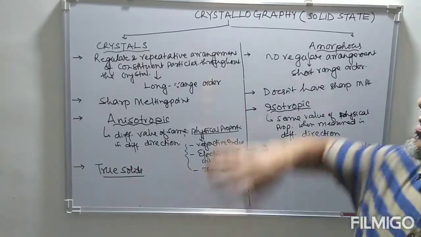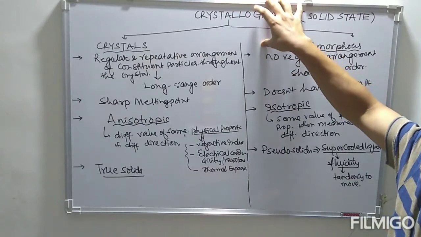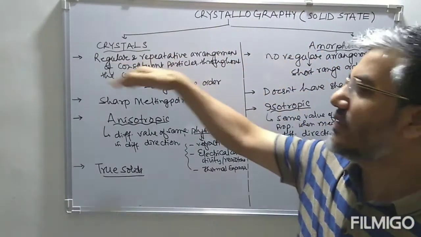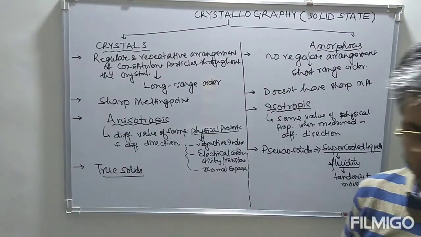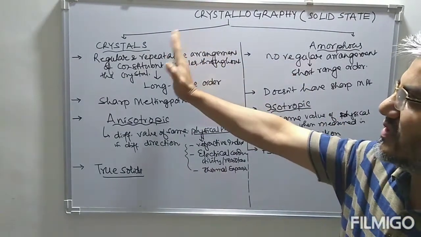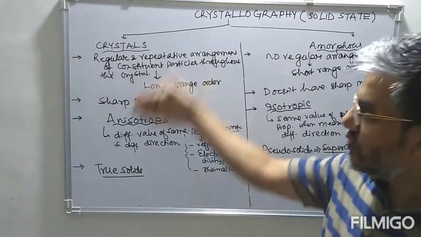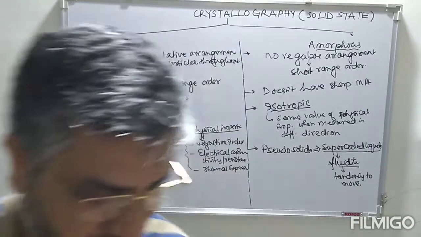Now the chapter says this is crystallography. So basically we will be dealing with the crystalline compounds. So after having this basic difference between crystalline compounds and the amorphous compounds, let's go to the crystalline compounds.